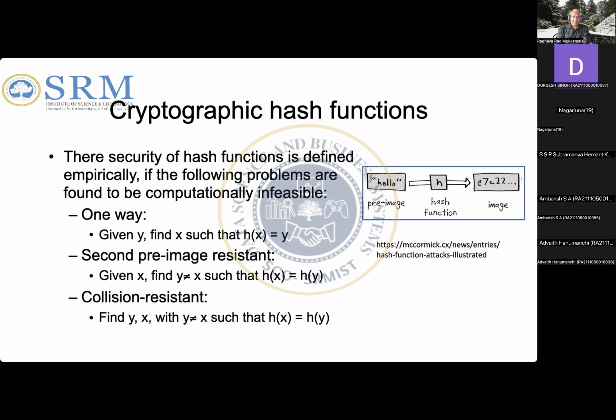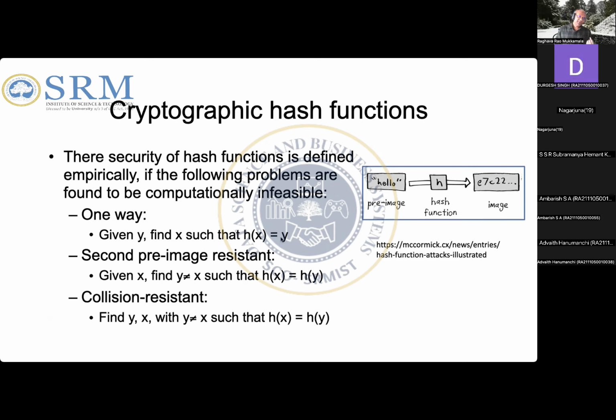So again, hash functions belong to cryptography. We have different types of hash functions. But when we talk about hash functions in case of cryptocurrencies, we always talk about cryptographic hash functions. So this is a one-way function. That means, let's say, you have a value x, then you can find the hash value of it.